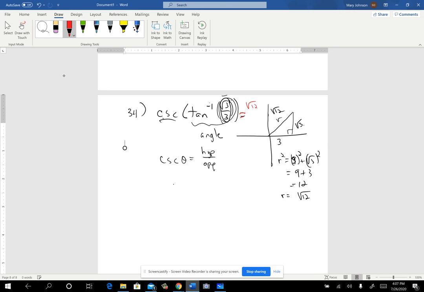It would be square root of 12 over square root of 3. Oh, that's square root of 4, and that would be 2. So the cosecant would be 2. I never did have to figure out what the angle itself was, and it was intended that you don't do that. You draw the sketch to work through the problem.